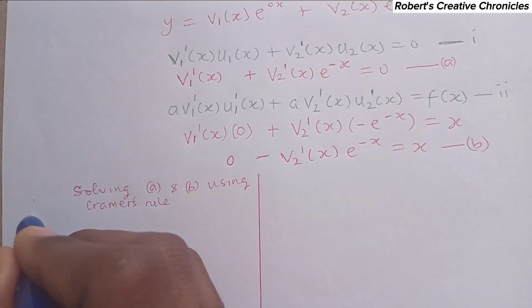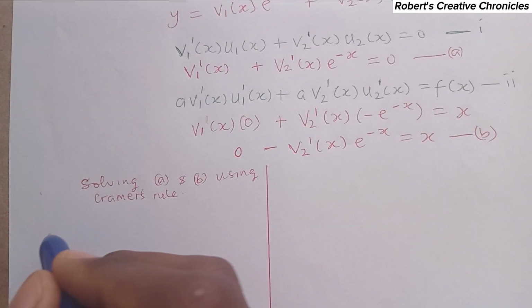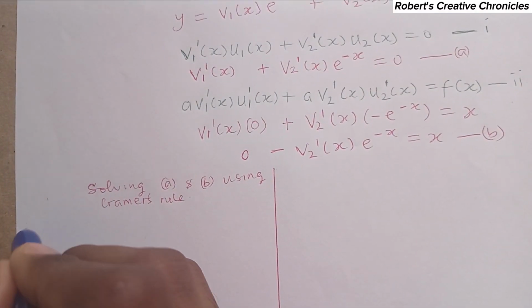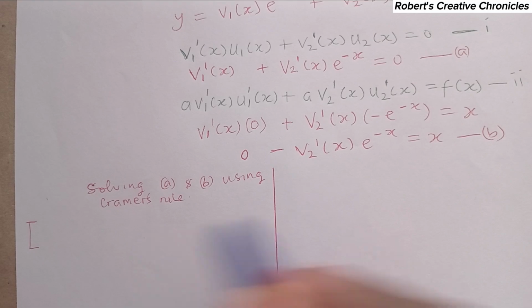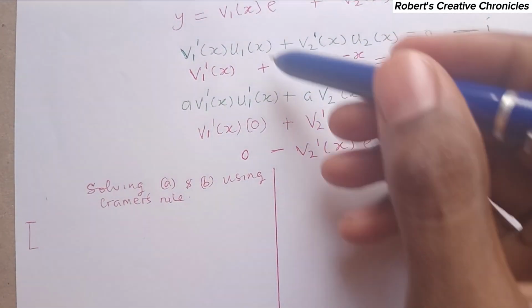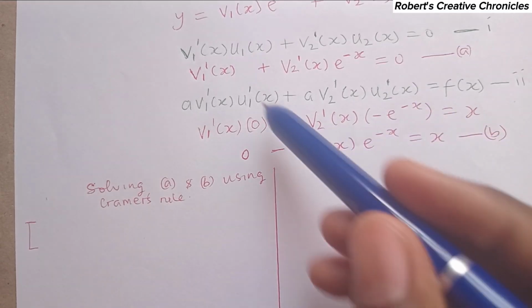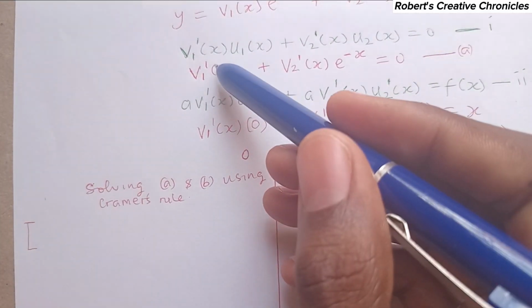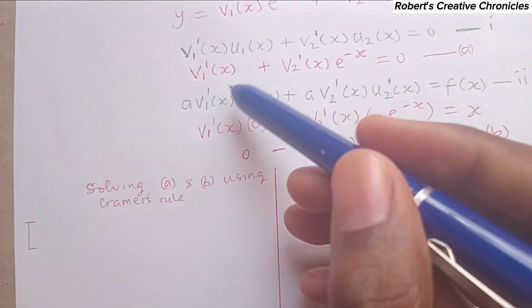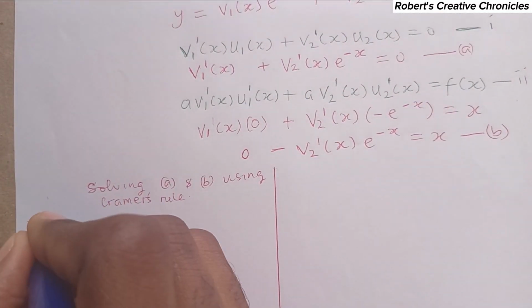So it becomes, we'll take the coefficients. Here will be 1, here will be 1, here will be 0. So it will be 1 and 0.